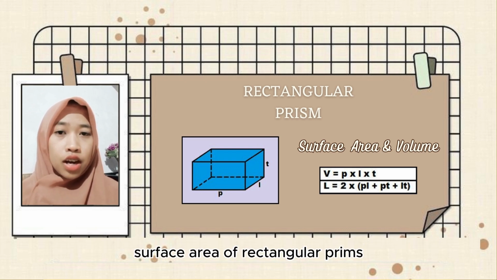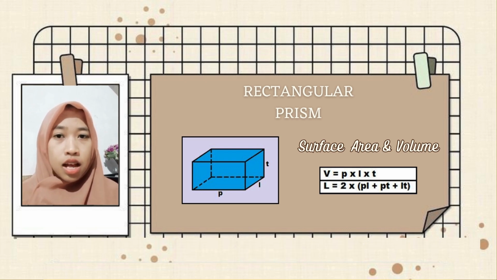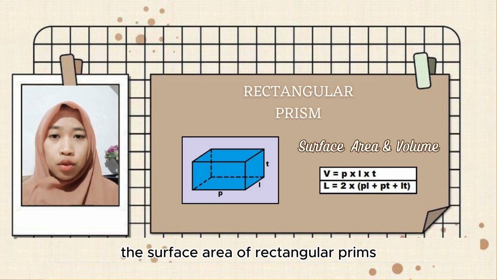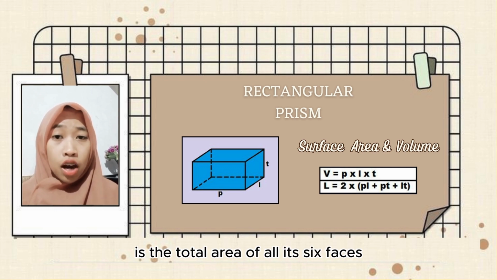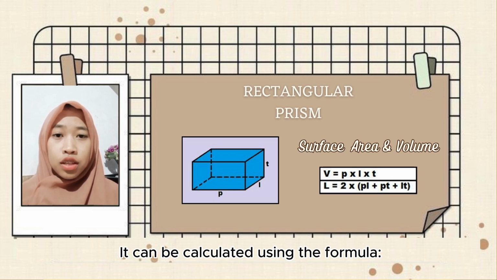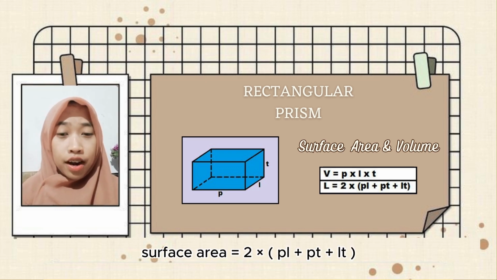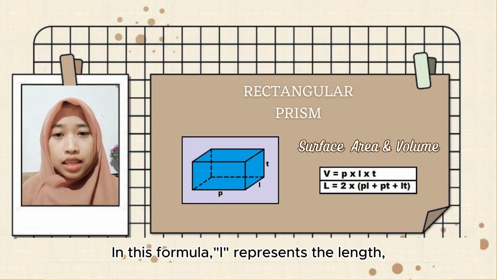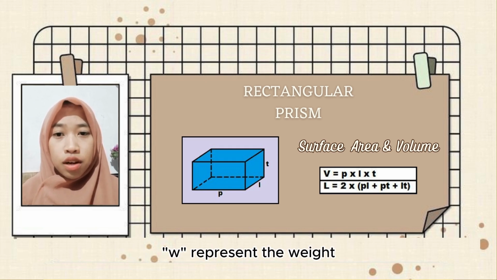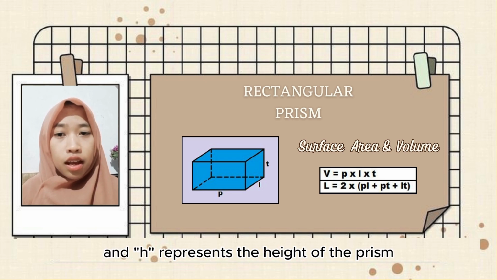Next, surface area of a rectangular prism. The surface area of a rectangular prism is the total area of its side faces. It can be calculated using the formula surface area equals 2 times (L times W plus L times H plus W times H). In this formula, L represents the length, W represents the width, and H represents the height of the prism.